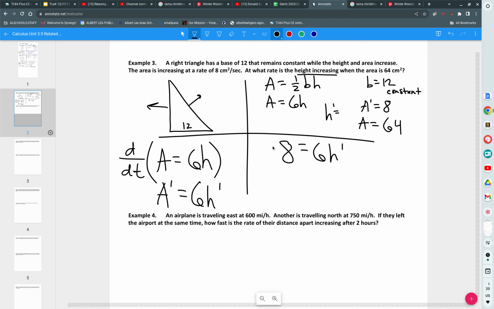Did we need the fact that the area was 64 at all? Nope, not required. Divide by 6 and we get 4/3 is equal to h prime, otherwise known as 1.3, and it is centimeters per second. Could we leave it in the fraction? Sure, yep, that'd be just fine.